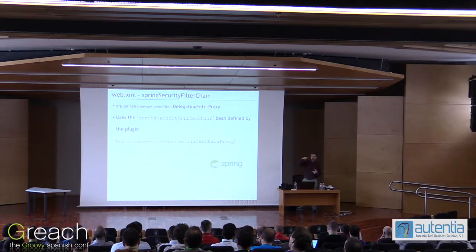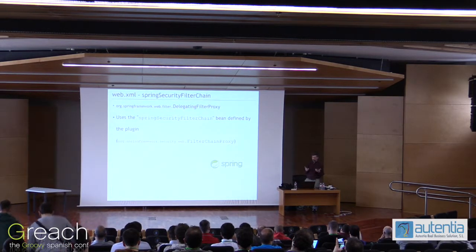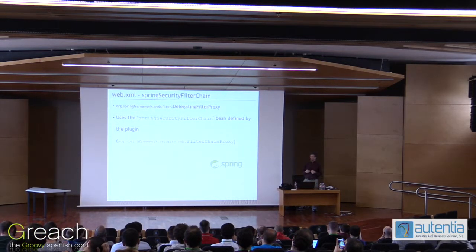What it does is delegate to a Spring bean to do all the real work. So you hook into the servlet API very lightly, and then you use the full power of Spring. There are a couple of different filters in the filter chain that use that delegating filter proxy. And that's again how it can be a filter that's comprised of other filters, because it's not a standard filter at all. It's a much more complex thing.